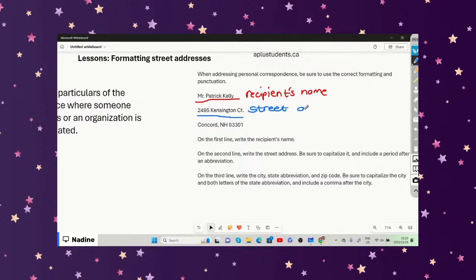This is the place where someone lives, the place where someone resides. So on the second line, we write the street address. And this address is, for example, remember an address is always capitalized because it's the name of a place. So the name of a place needs to be capitalized.